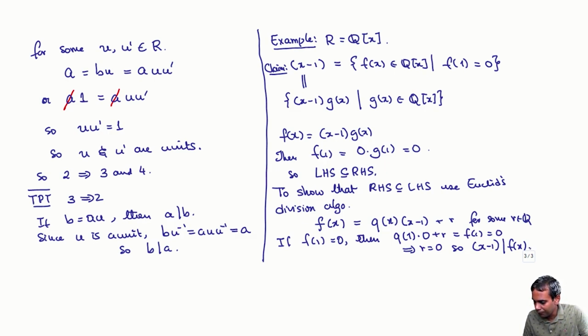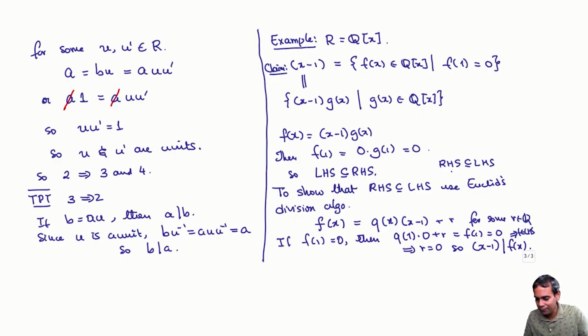But that's precisely the definition of the ideal generated by x minus 1. It's those polynomials which are divisible by x minus 1. So this means that f belongs to the LHS. And so what we've also proved is that the RHS is contained in the LHS.